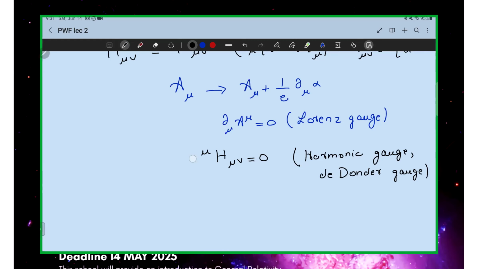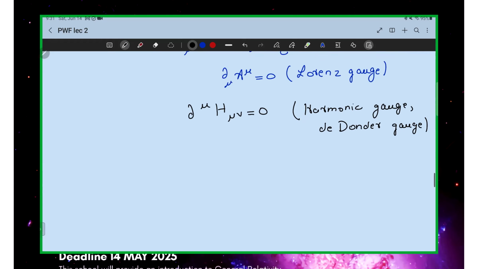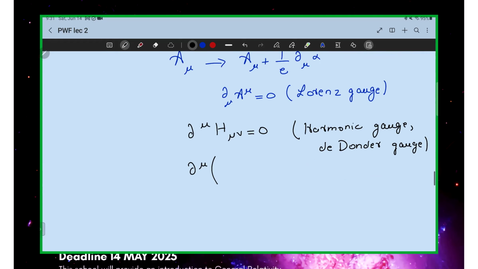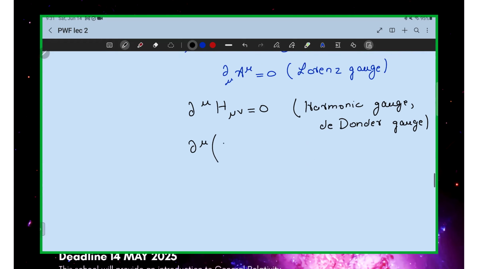Okay, so this is the gauge condition that you choose. If I write it down explicitly, if you remember the expression for H mu nu, capital H mu nu, it was something like this. So this is referred to as the harmonic gauge or the Redonder gauge.